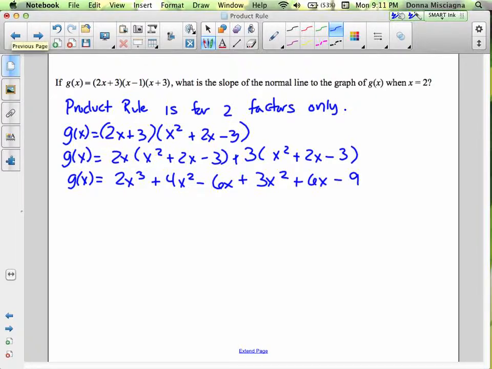Right? Yes. Now I'm not trusting my multiplication. All right, so that would give us 2x cubed and 7x squared. And the x's drop out, minus 9, because they're opposites of one another.